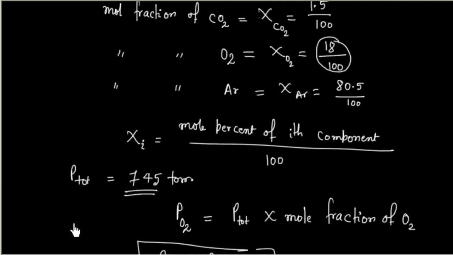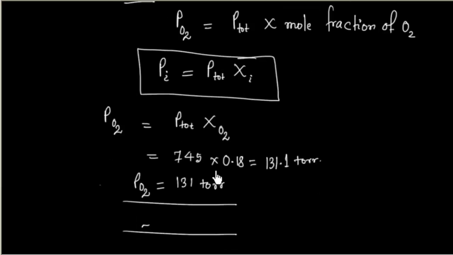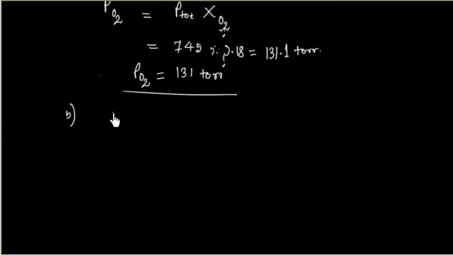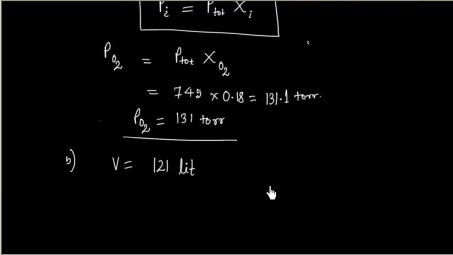Now let us discuss part B. Part B says if this initial atmosphere is held to be 121 liter. So volume is given this time. In part B, volume is 121 liter, and we have been given temperature 295 Kelvin.